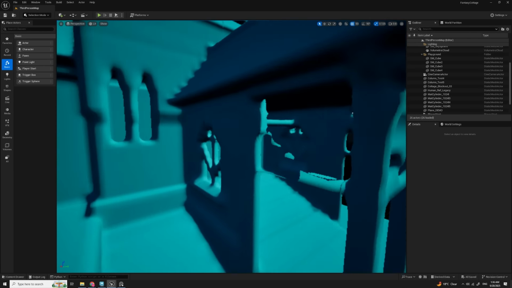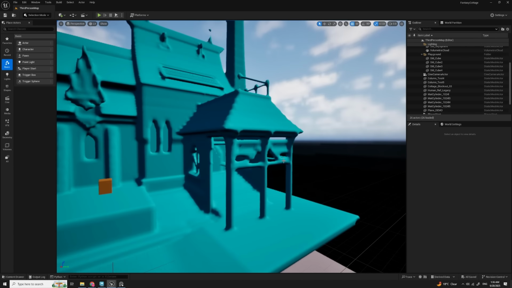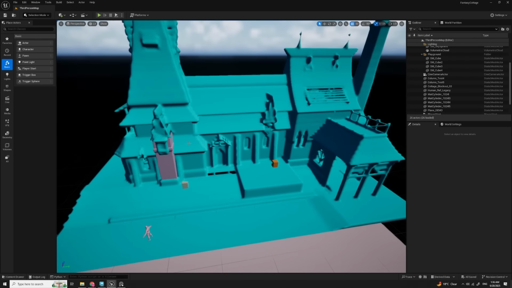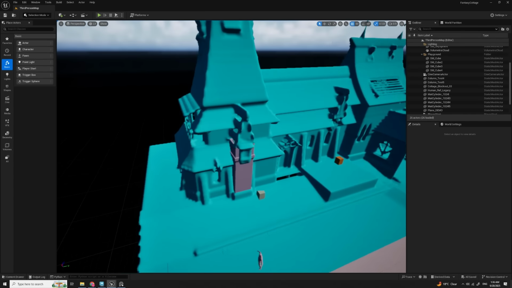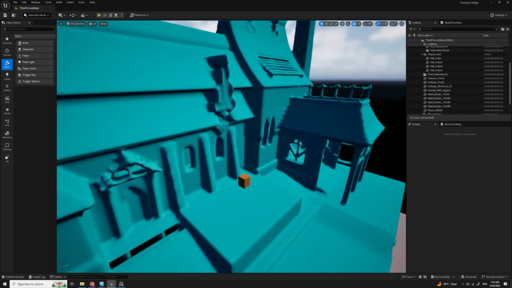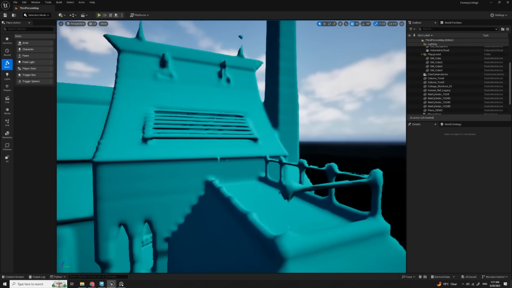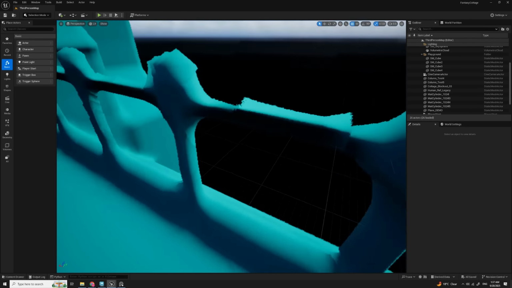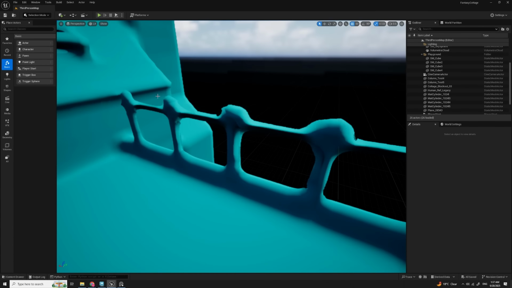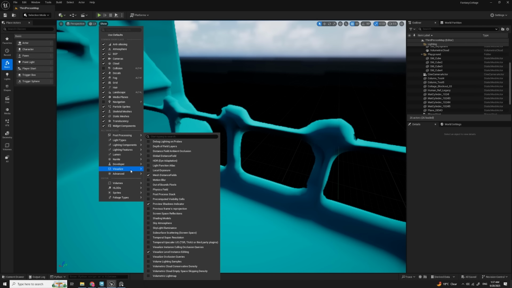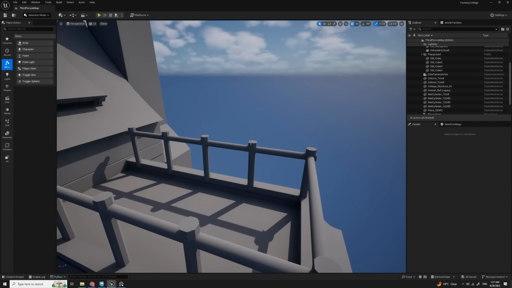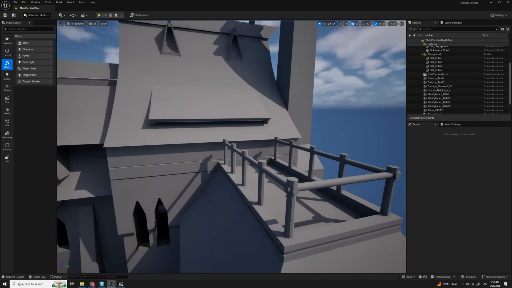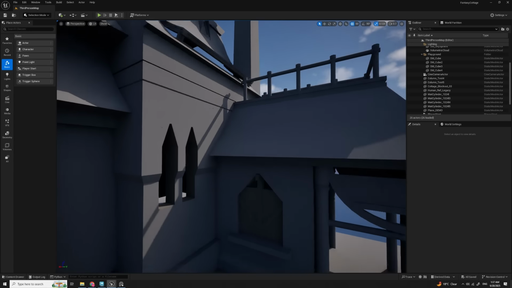We need to decompose such meshes, and then the automatic distance field mesh generator will do its job much more cleanly, and we will have higher quality dynamic lighting. For example, this wooden fence was not generated at all, but when we assemble the final house, each of these posts will be an instance of a single static mesh, and they will all have detailed, correct distance field mesh at low resolution.